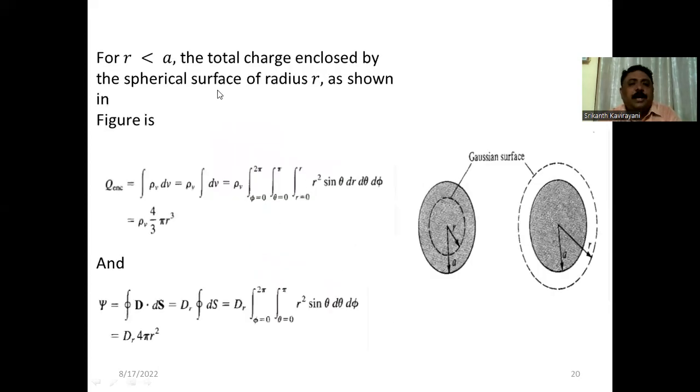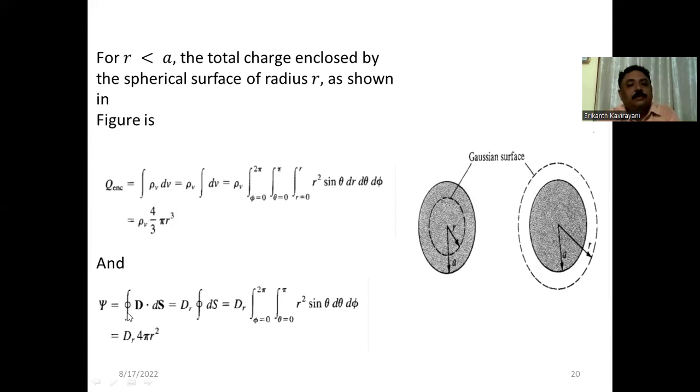So for r less than a, the total charge enclosed by the spherical surface of radius r, as shown in the figure, is Q enclosed equal to the integral of rho v dv, equal to the integral over phi from 0 to 2 pi, theta from 0 to pi, and r from 0 to r of rho v r square sine theta dr d theta d phi, which evaluates to rho v 4 by 3 pi r cube.